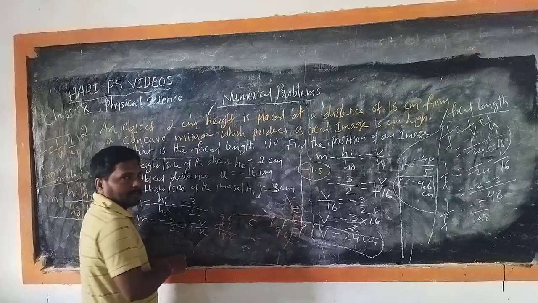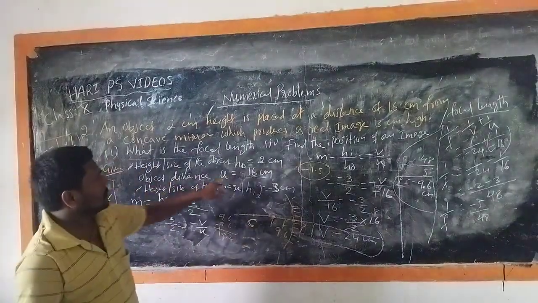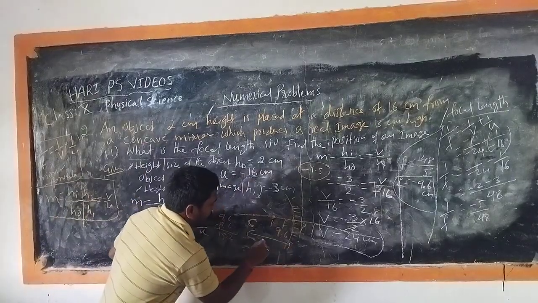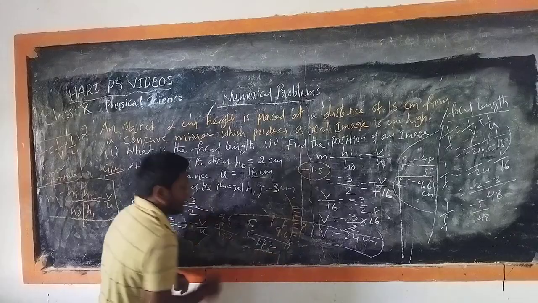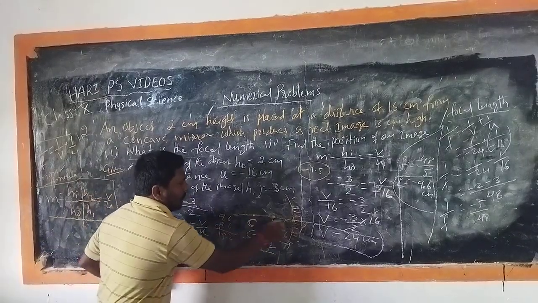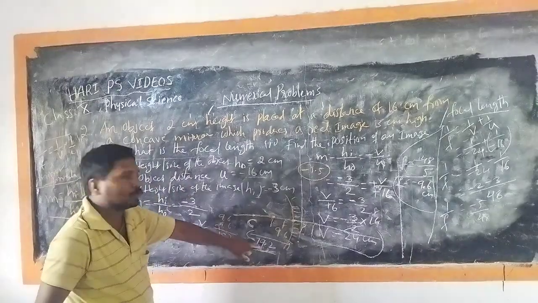Here the center of curvature is at 19.2. The radius of curvature, the distance from the center of curvature to the pole, is 19.2.